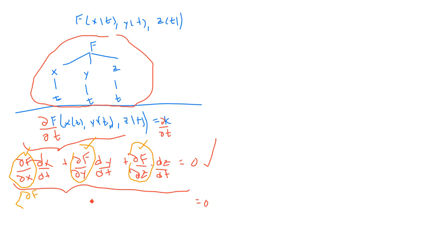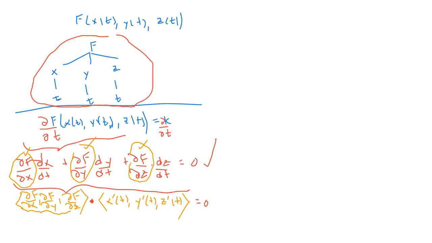I can write this sum on the left as the dot product of these two vectors. So what I'm asking is, what's this vector here?